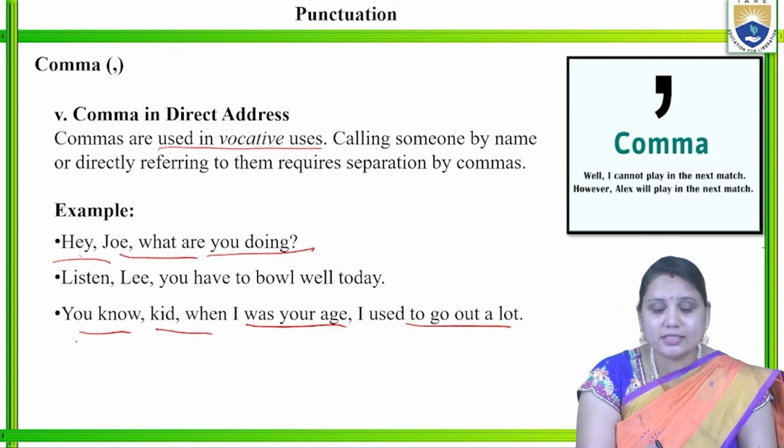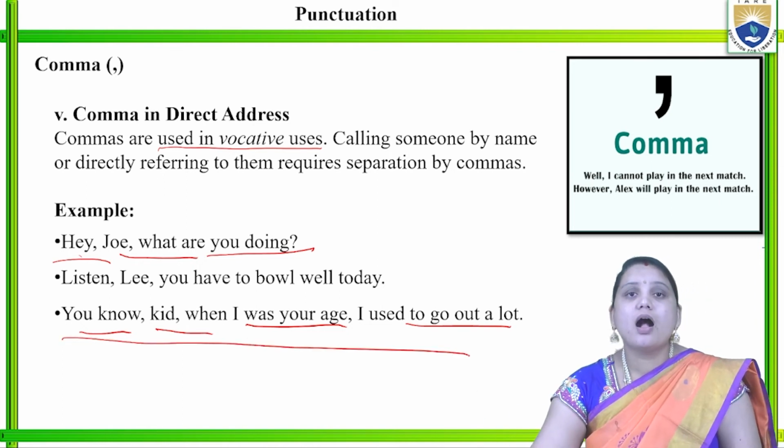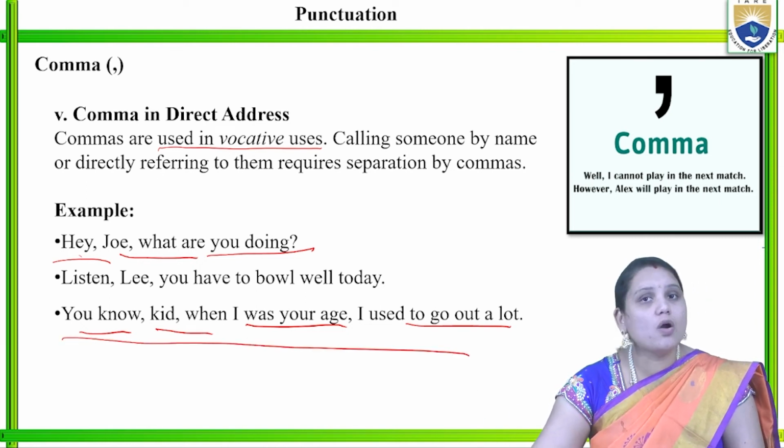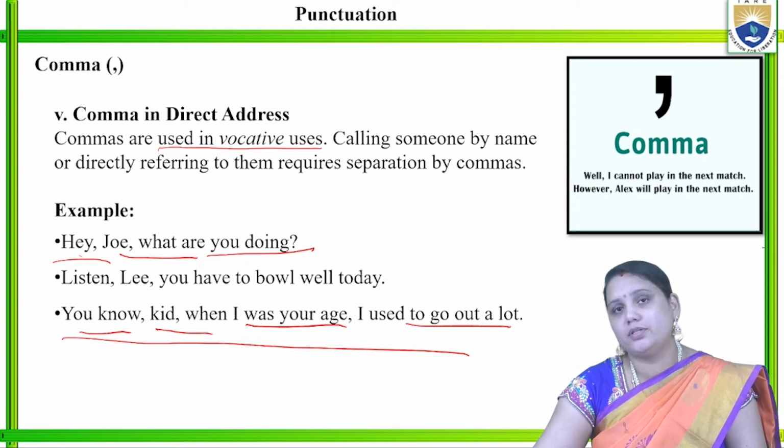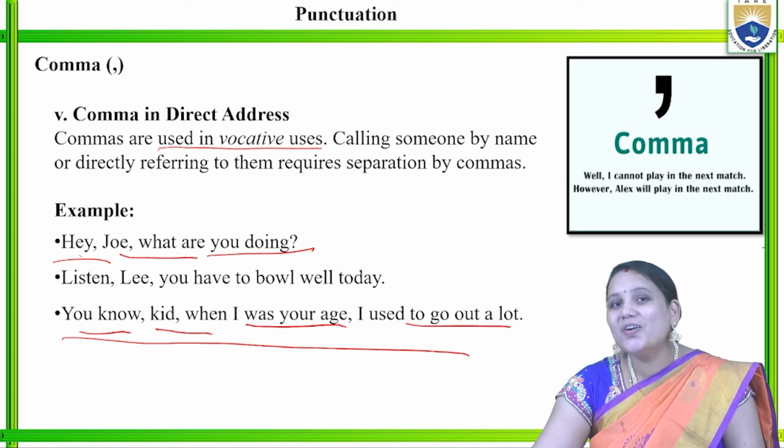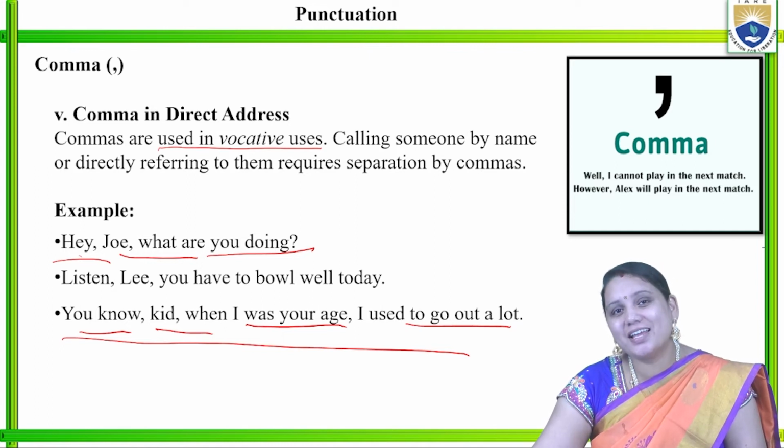If you read this line without any comma, how will it look? It looks so clumsy. You know kid when I was your age I used to go out a lot. How does that look? How is that expressing the real expression of that person who is talking? But if you are using the commas and giving pauses, how will that look?